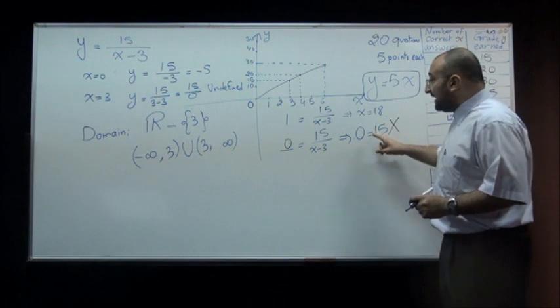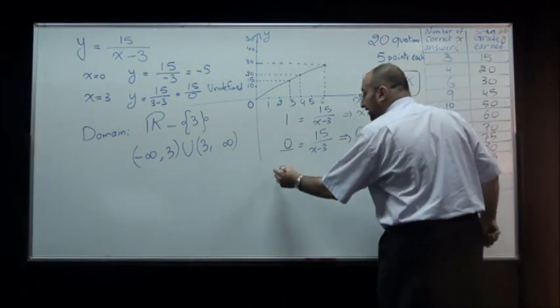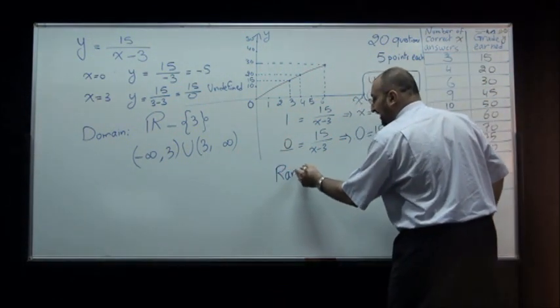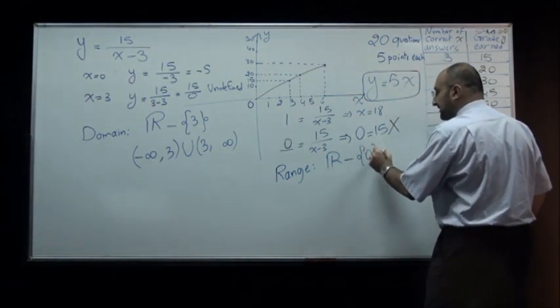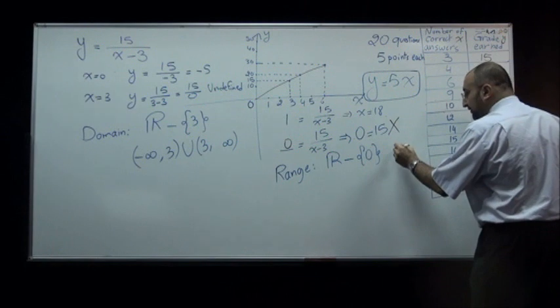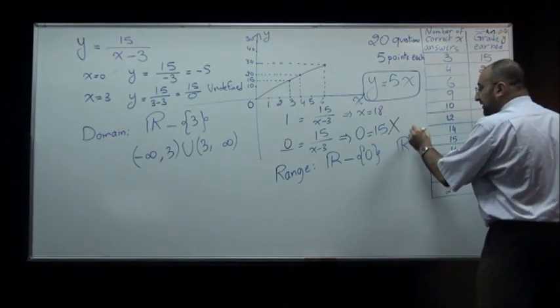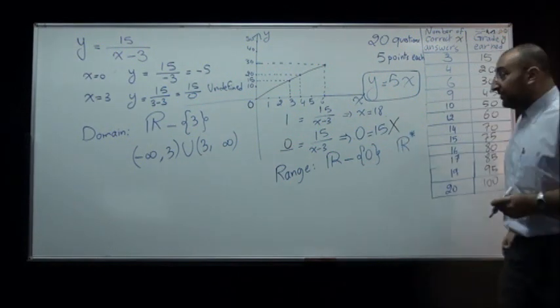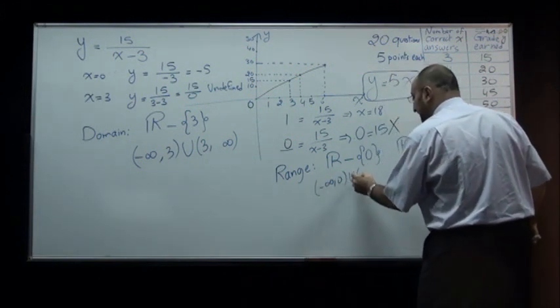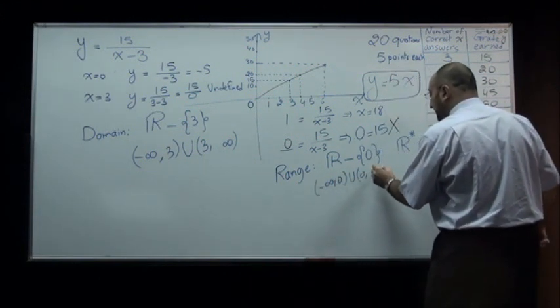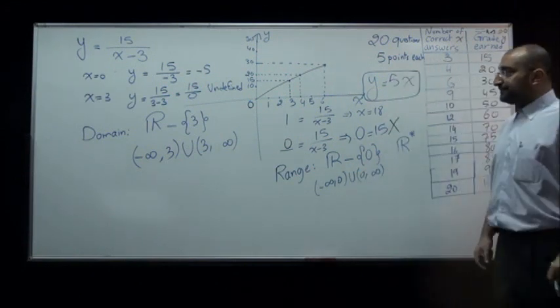So the value of y cannot be 0, and therefore the range of this function, again, we can represent it in the same way, either R minus the singleton 0, some textbooks use the term R star, which is R minus the singleton 0, or from negative infinity to 0, and from 0 to infinity, excluding the 0.